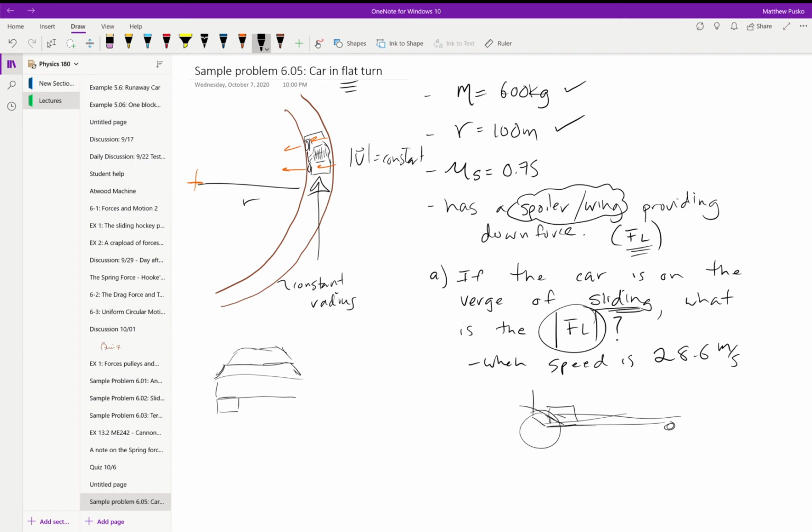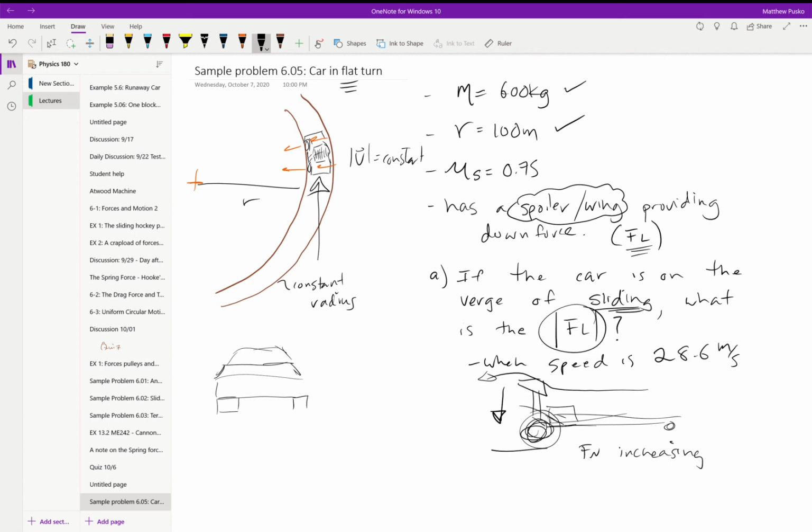But then there's also this big huge spoiler on the back, and as wind goes over it, it acts like a wing and it pushes down. So effectively increasing the normal force. So the normal force on the vehicle is going up. If that goes up, then you get more friction, and then this tire can spin faster and effectively put more of its power to the ground.